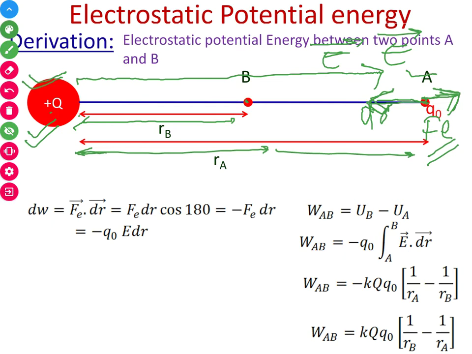So the small amount of work done to bring this test charge through the very small displacement dr is given by dW equal to Fe dot dr, and as you can see here, the angle between these 2 is 180 degrees, so it becomes Fe dr cos 180, which comes out to be minus Fe into dr, because the value of cos 180 is equal to minus 1.